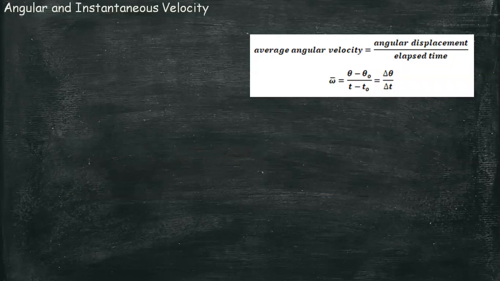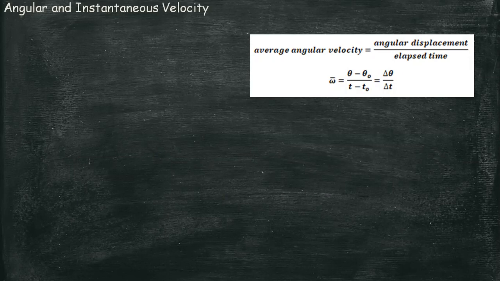Or in symbols, I repeat, the symbol for angular velocity is small letter omega, which is equal to the angular displacement, delta theta, divided by the change in time, which gives us delta theta over delta t.